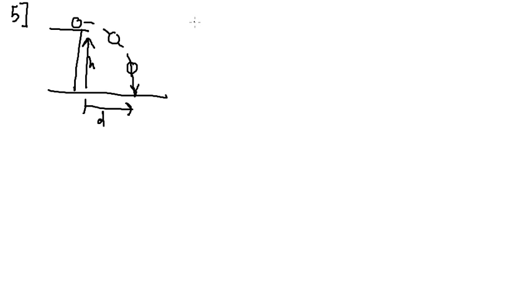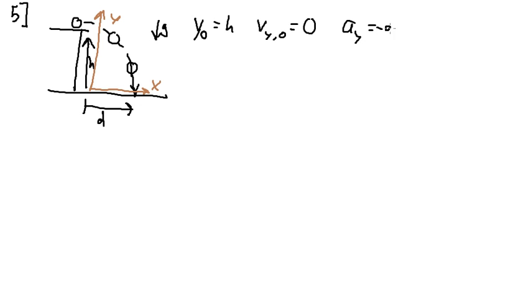What's happening here? We can do the whole thing where we define a coordinate system. So for the sake of funsies, we'll put y there and x there. So y naught equals h, and vy naught equals 0 because it rolls straight horizontally off the edge, and the acceleration in y is of course negative g.